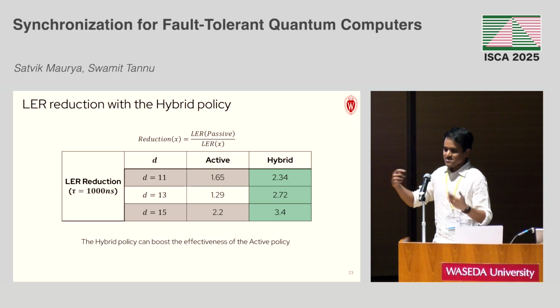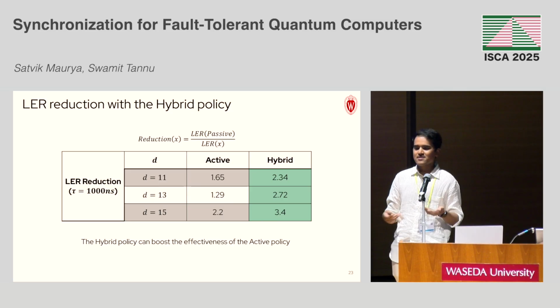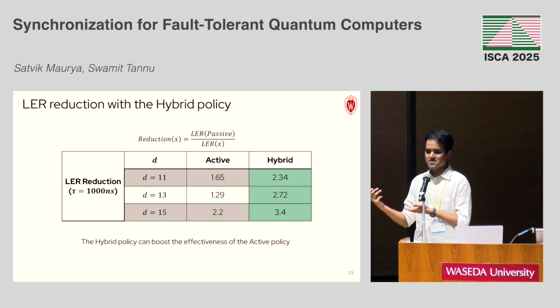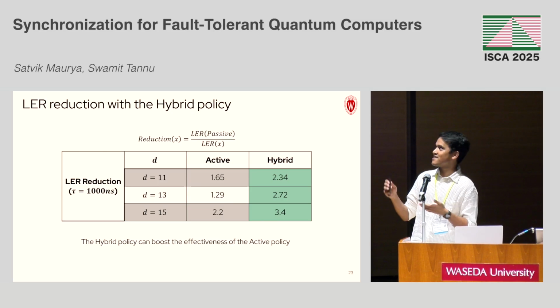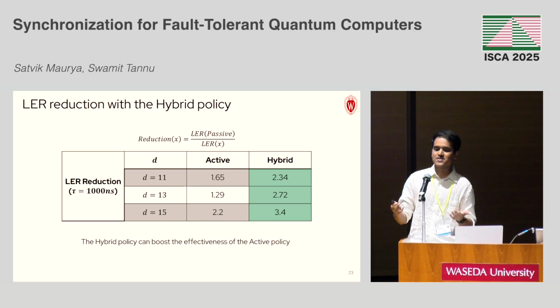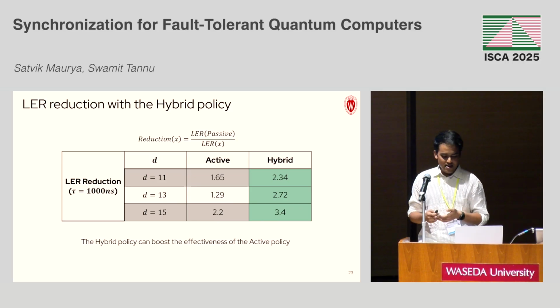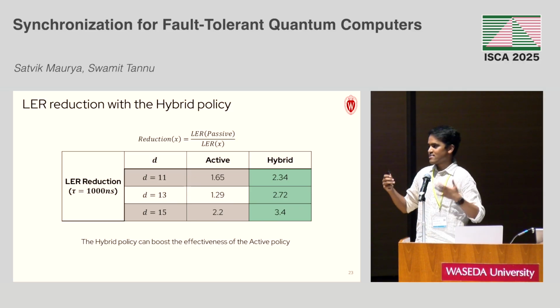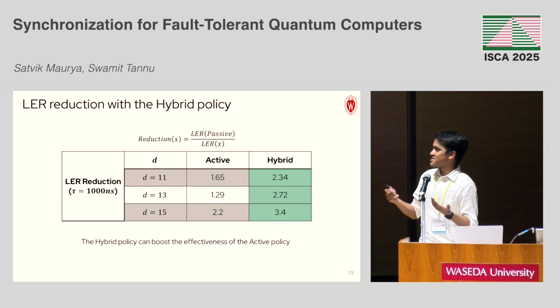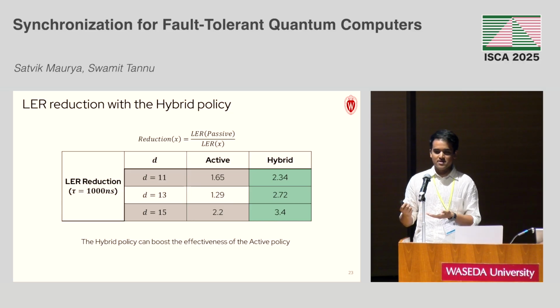There is an optimization process for the hybrid synchronization policy. For brevity, I've omitted that, but if you're interested, please read the paper. But the point is, by using the hybrid synchronization policy, we can expect to see an additional 1.2x reduction in the logical error rate compared to the active synchronization policy.